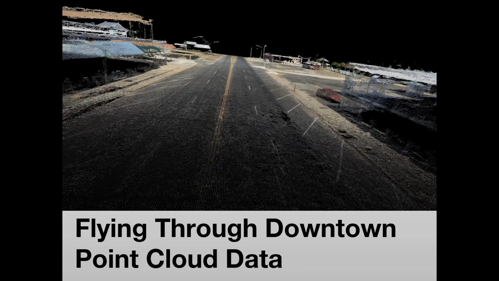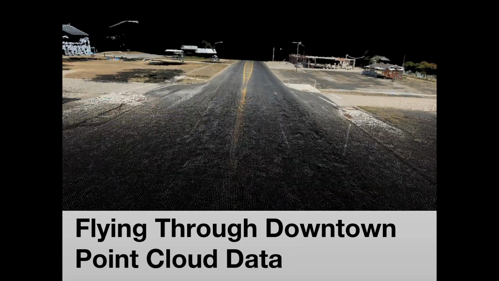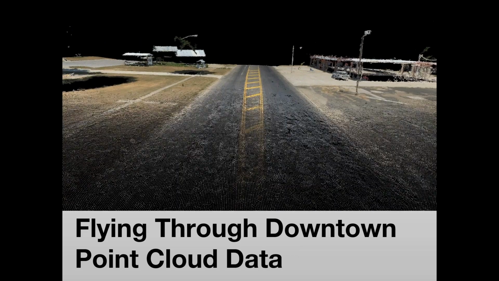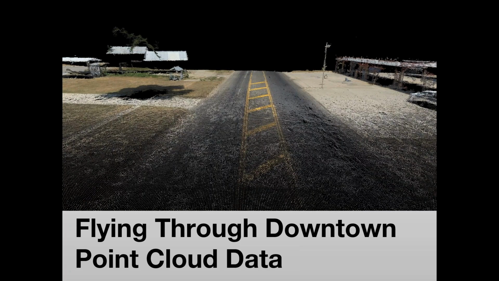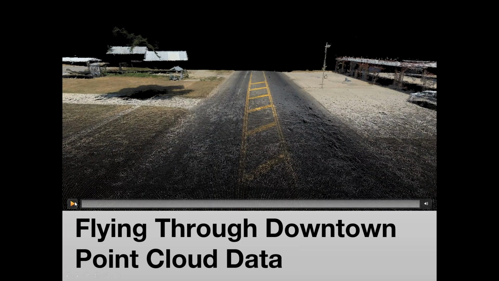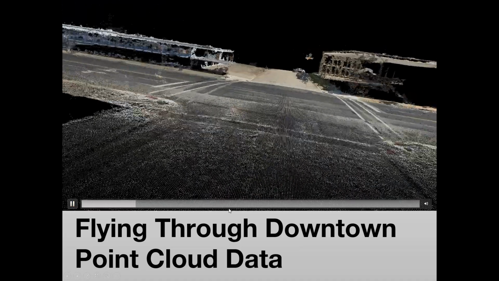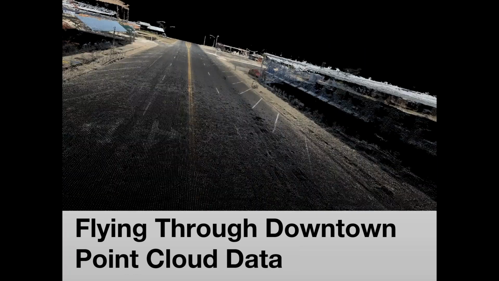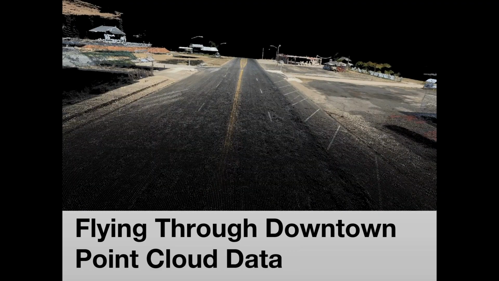So now we're actually on Highway 79, flying through the downtown district. This is just a piece of the point cloud. Remember, we developed this in actually 3 different sections. I'll run this one more time just to get a feel of the overall point cloud and its density and what we ended up with from the photogrammetric processing.